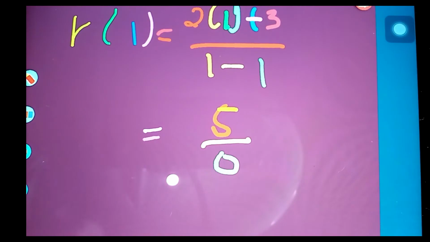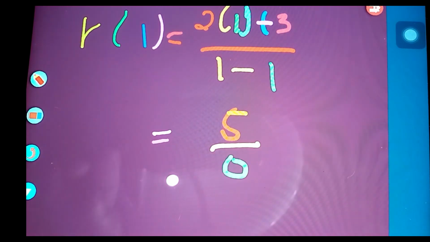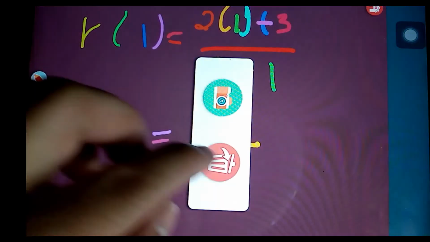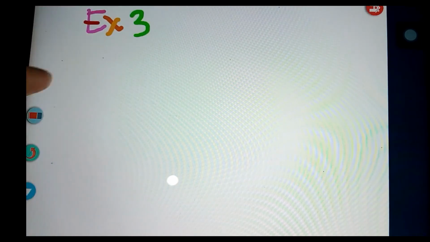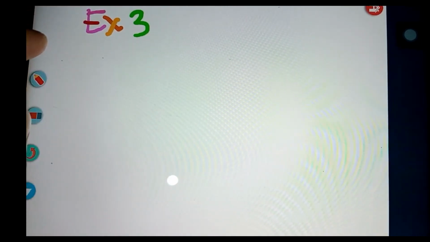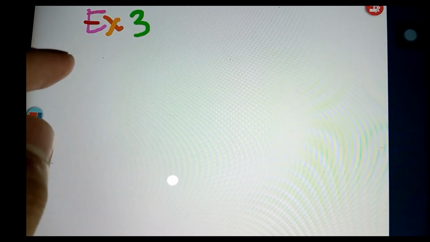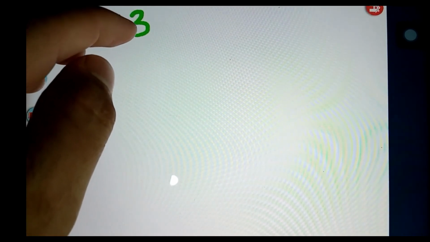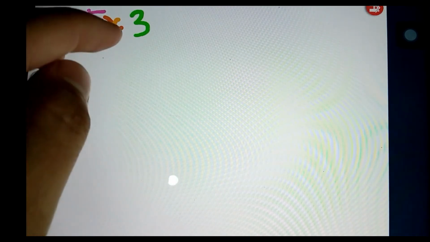Next, for the third example. Example 3. Evaluate the following functions where f and g are defined in example 1.